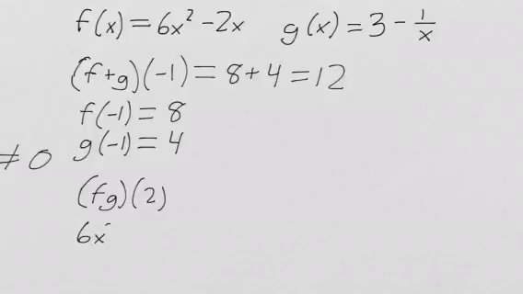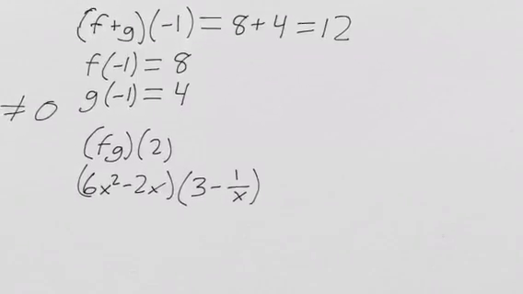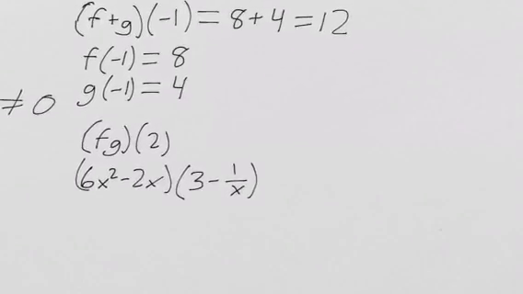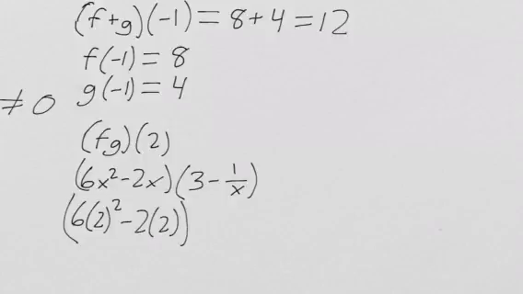So we have 6x squared minus 2x times 3 minus 1 over x. And we're going to plug 2 into this. So we have 6 times 2 squared minus 2 times 2, times 3 minus 1 over 2.